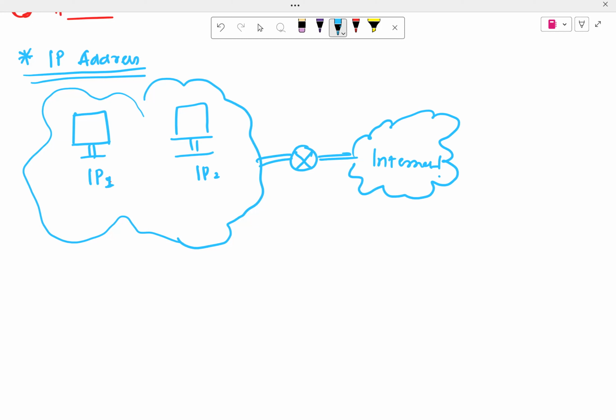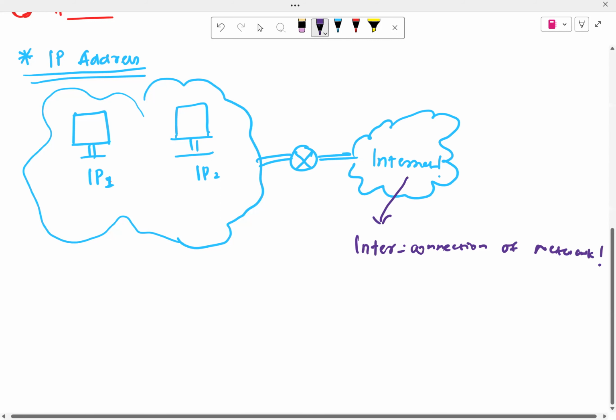The difference this creates: the internet is basically an interconnection of networks.